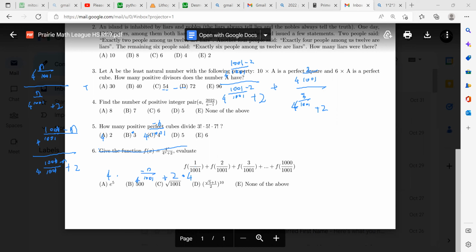So we have 4 to the 1001 negative n divided by 4 to the 1001 to negative n. Now we can cancel out a bunch of things. So let's divide by this number, both the numerator and the denominator. And now we are left with this.